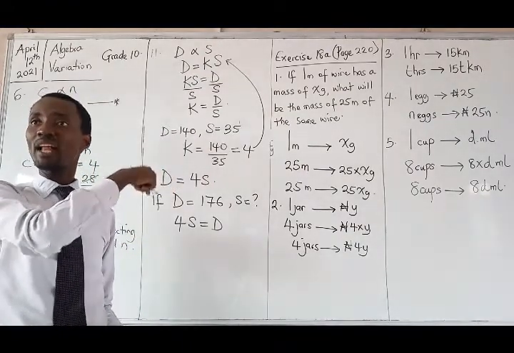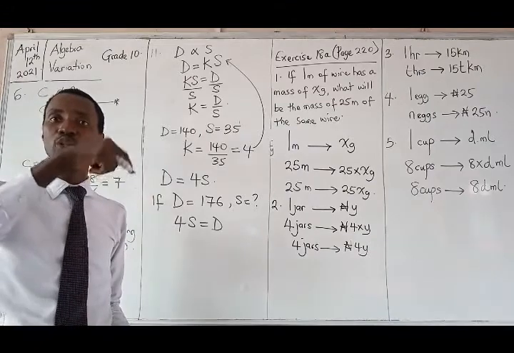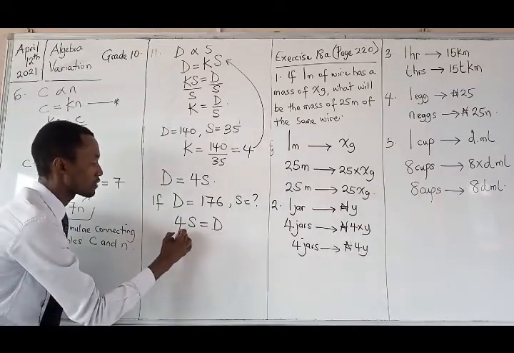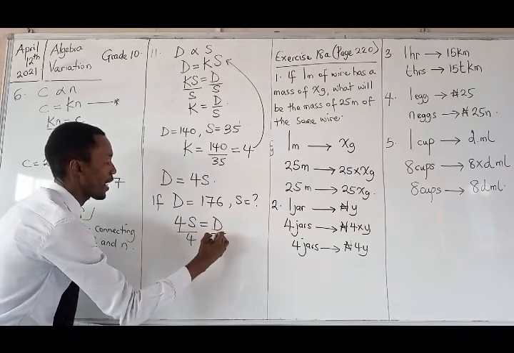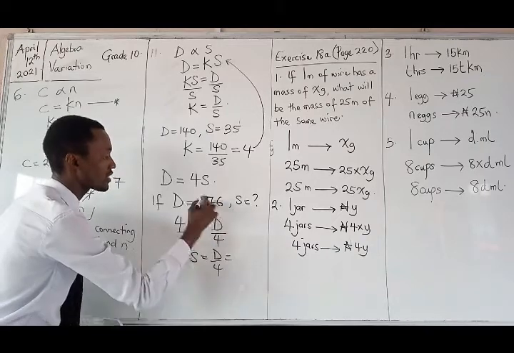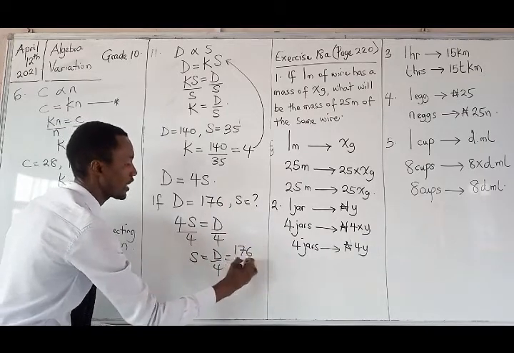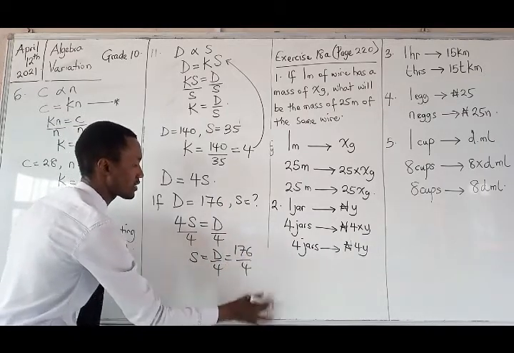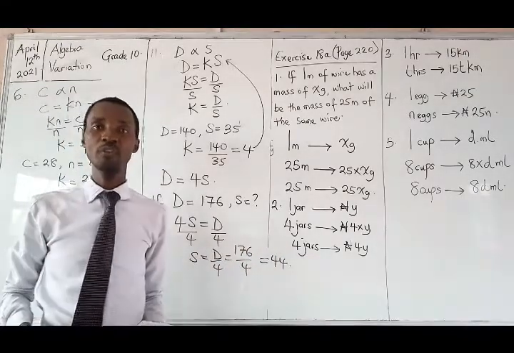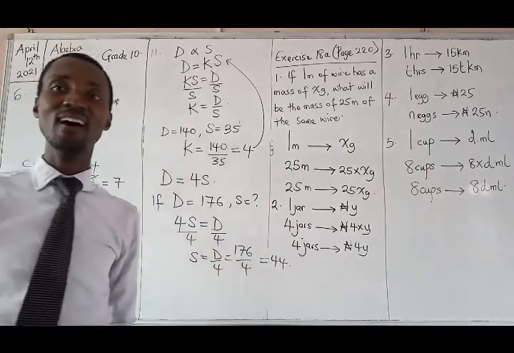So to do well here, you need to go back and study your change of subject of formula. So with this, I divide both sides by 4. S will now be equal to D over 4. What is D? 176 divided by 4. And if my math is in order, it should give me 44, and that will be 44 as the final answer.